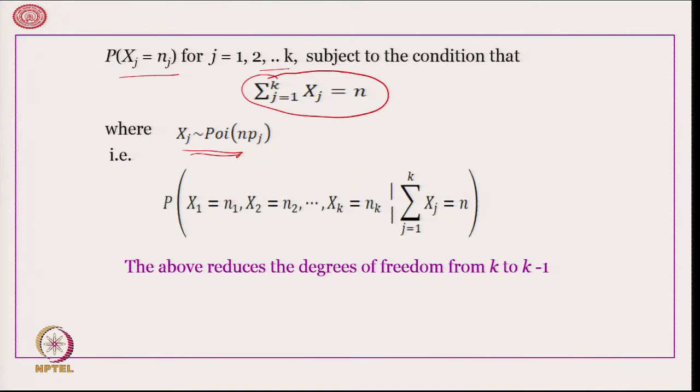That is, we are looking at the probability of the event x1 equal to n1, x2 equal to n2, xk equal to nk, subject to the condition that sigma xj is equal to n. Since all the k values are not independent, there is a constraint there. Therefore, the degrees of freedom is reduced from k to k minus 1.